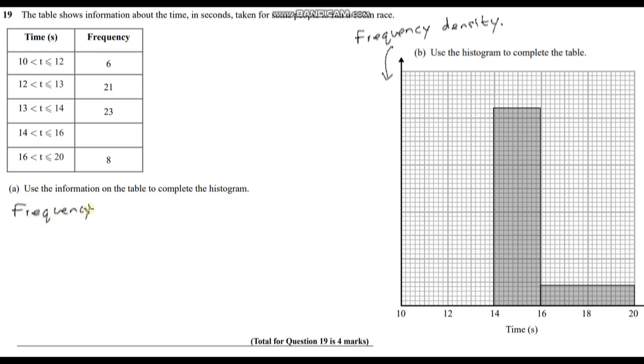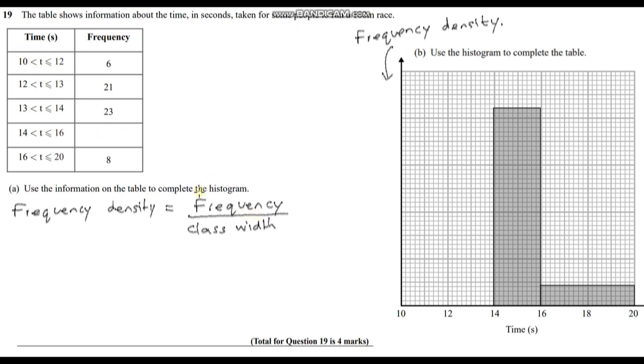Well, the formula for frequency density is, for each category, we take the frequency and we divide that by the class width. And what I mean by the class width in this case is just the time interval.